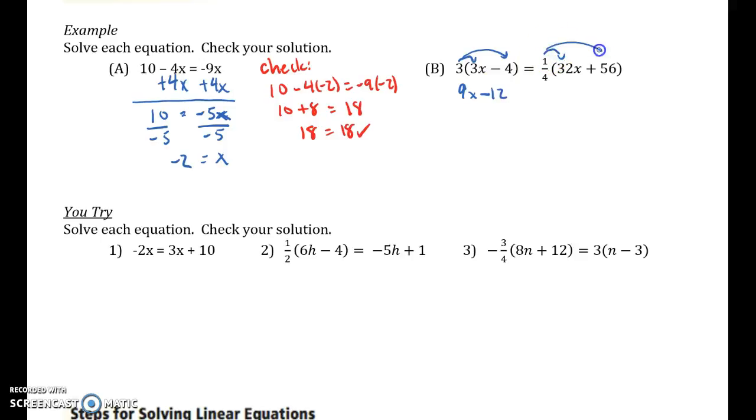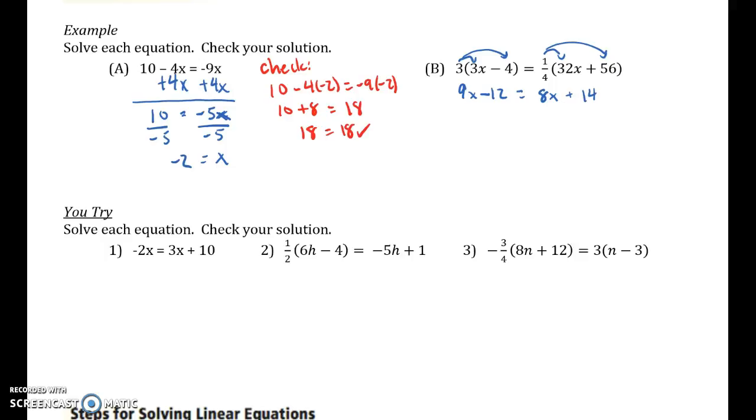Distribute the 1/4, and I'm going to get 1/4 of 32, which is 8x, and 1/4 of 56, which is 14. Now, alternatively, if you don't like to multiply that fraction, since it's 1/4, what you could have done is also multiplied both sides by 4 to get rid of that 1/4. But again, that's an alternative. It's up to you.